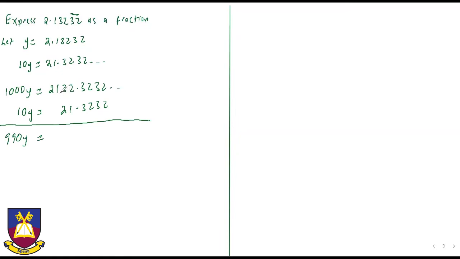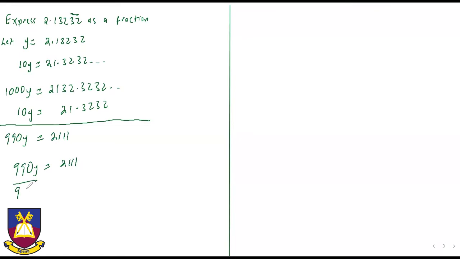this. When we subtract this from this, we have 2111. All these decimals will cancel out, 3, 2, 3, 2 subtract 3, 2, 3, 2, like that. That's the aim of multiplying by 10. So we shall have 990y is equal to 2111.